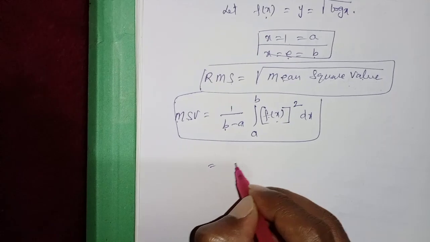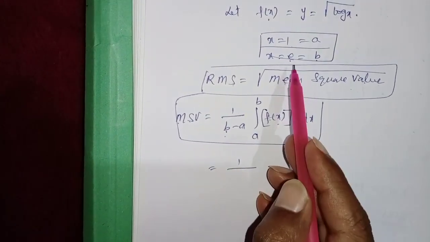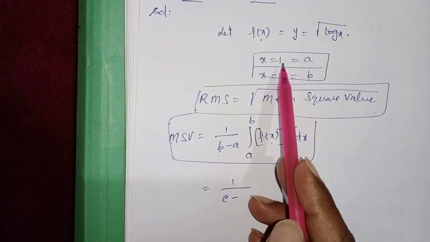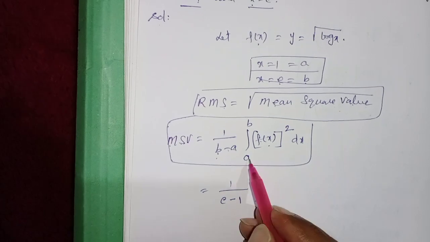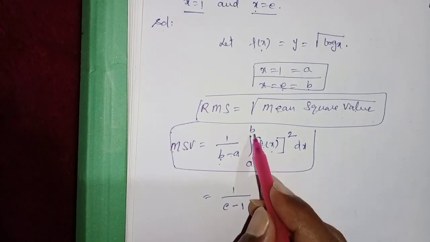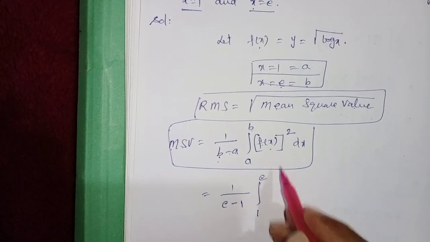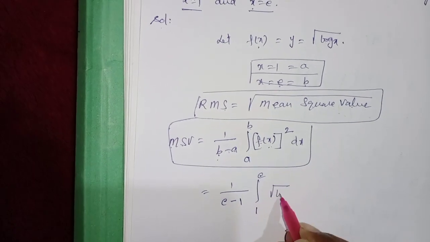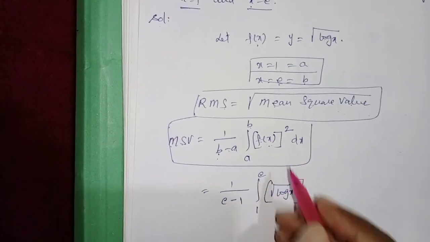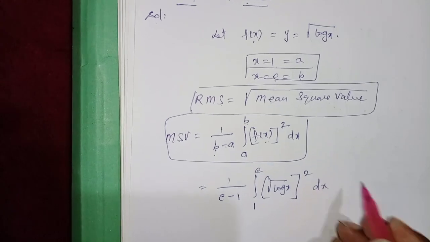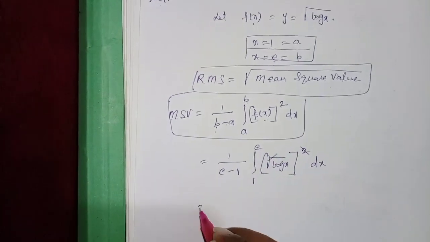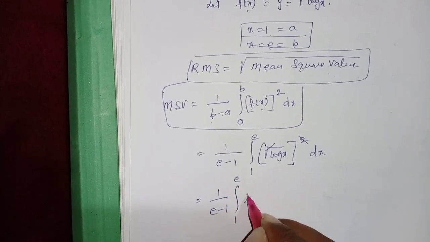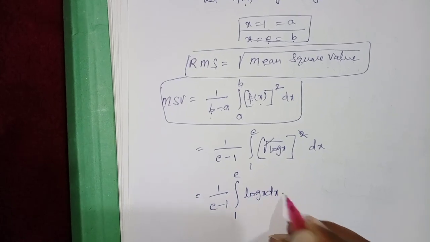Substituting here, that is equal to 1 by e minus 1, integral 1 to e, root log x whole square dx. The square and square root get cancelled, so that is equal to 1 by e minus 1 into integral 1 to e log x dx.